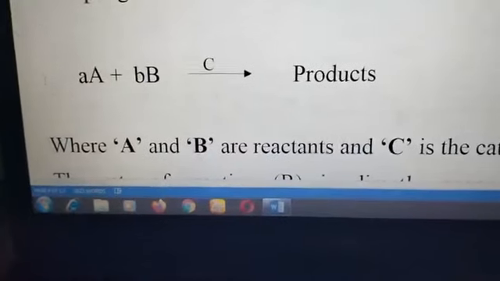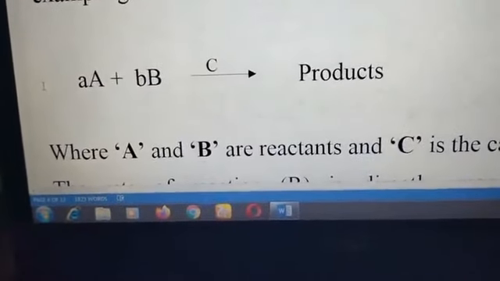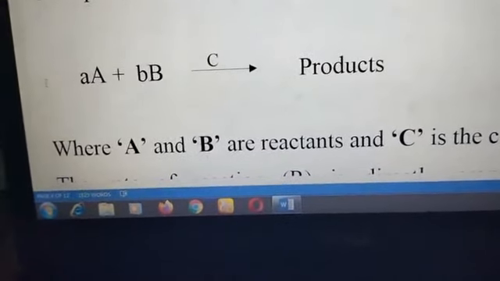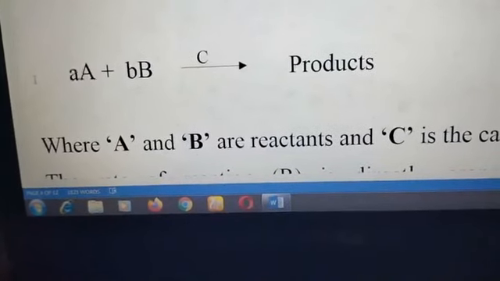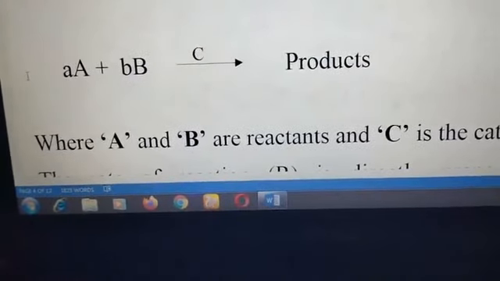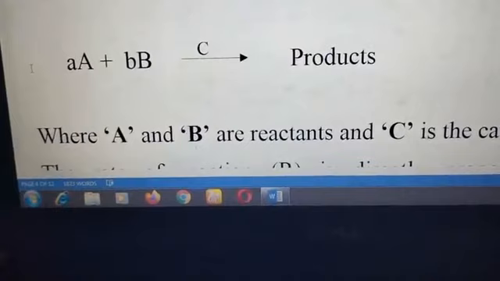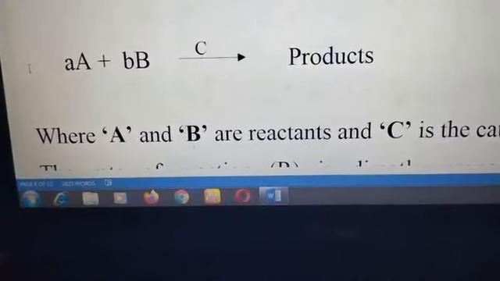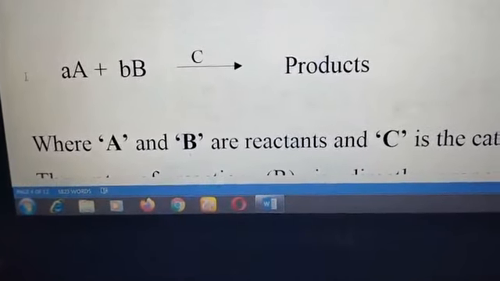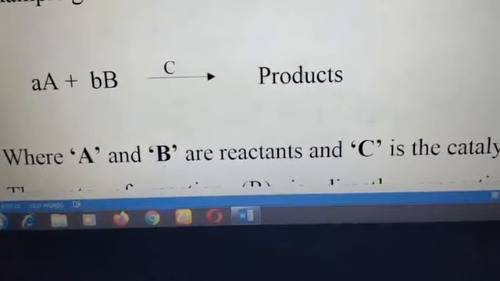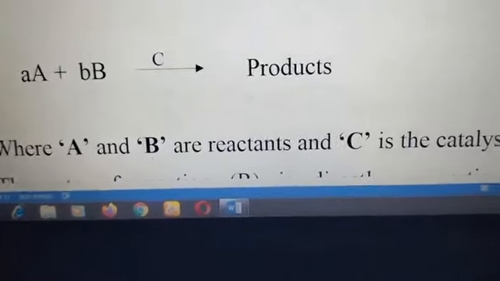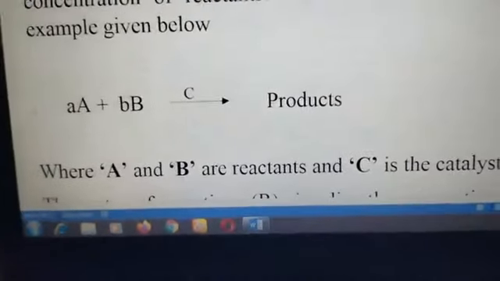So look at that reaction that involves small letters a and b. Small letters a and b represent the stoichiometric number of moles or coefficients. Capital A and capital B are the reactants, while C, which is above the arrow, represents the catalyst, and we have the products formed on the right hand side.